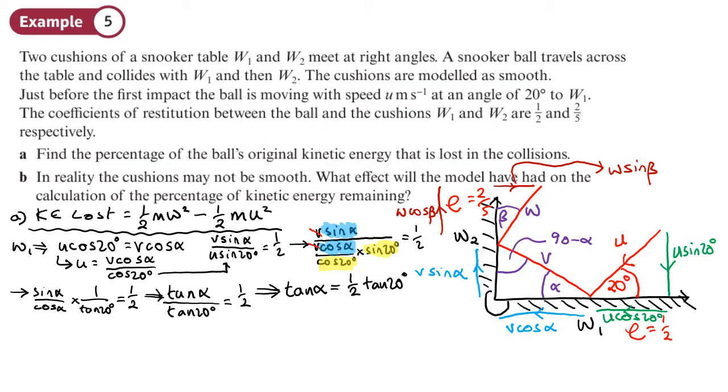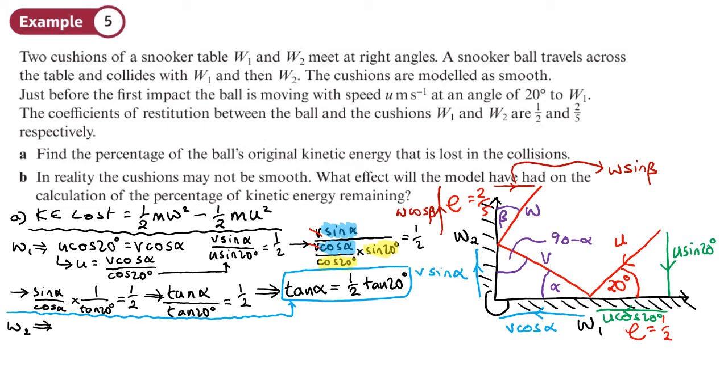So now I've got an expression to find alpha, which I can then use in the next part of the question. Right, so now we're going to look at W2. So what's going on with W2? Again, we look at what's going on parallel to W2 and perpendicular to W2.